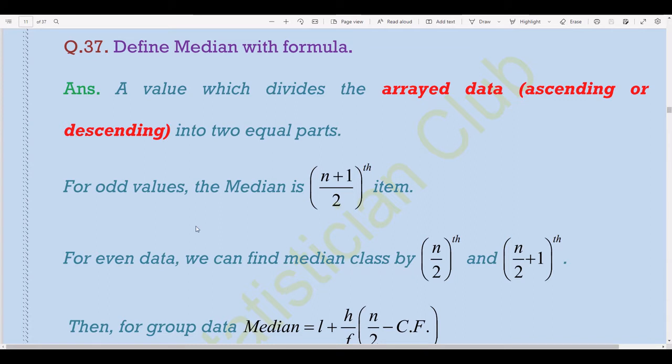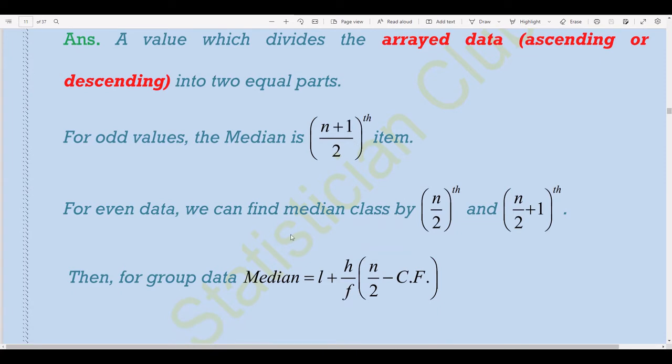For ungrouped data, if your n is odd, the median is the (n plus 1) by 2 th observation. Suppose small n is 5, then 5 plus 1 by 2, 6 by 2, 3. The third value in your arranged data is the median for odd observations.